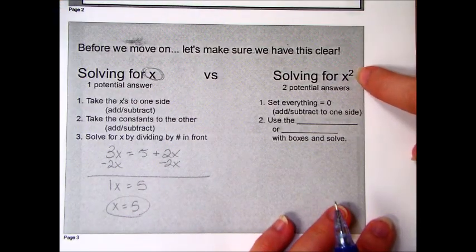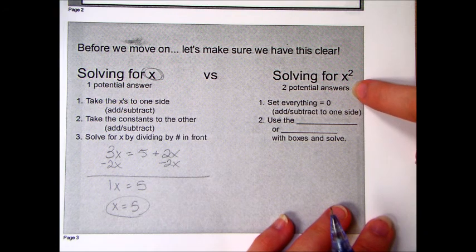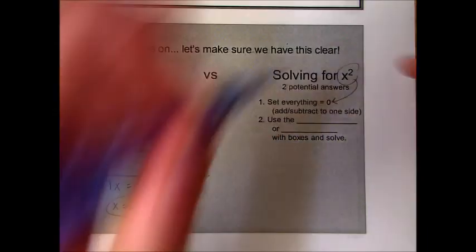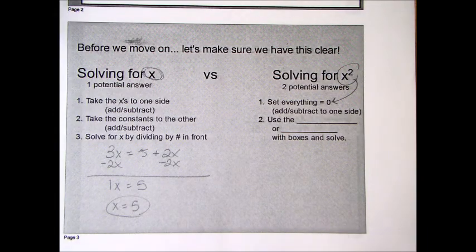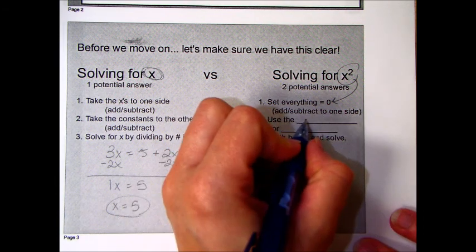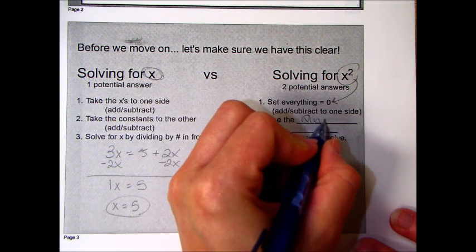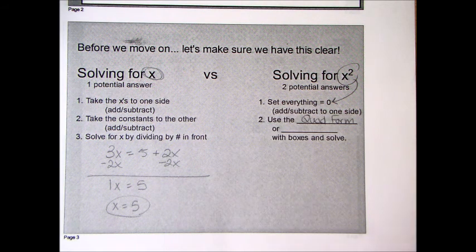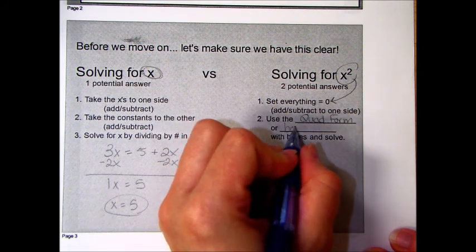On the other hand, if you're solving for x squared, it's possible to have two answers. So remember, when you have an x squared, guys, I hope you remember this from chapter 9, you have to set it equal to 0, take everything to one side. You are going to use the quadratic formula. Do you guys remember negative b, plus or minus, that thing? Or you can do factoring with boxes and solve.